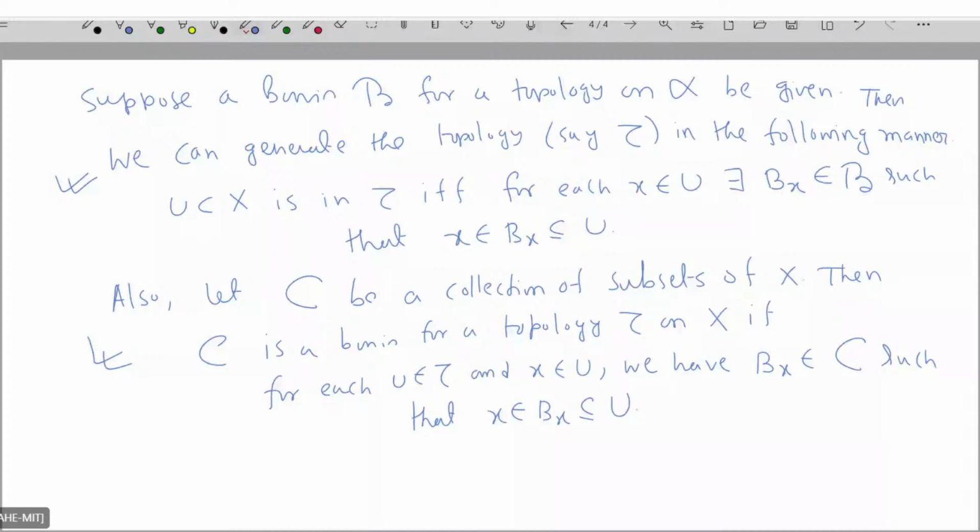Related to the basis, there is one more concept called pi base for a given topological space. So let's say (X, tau) be our topological space.